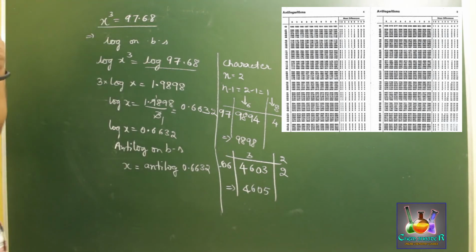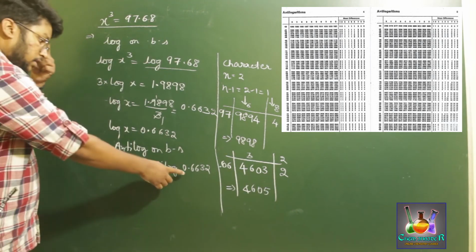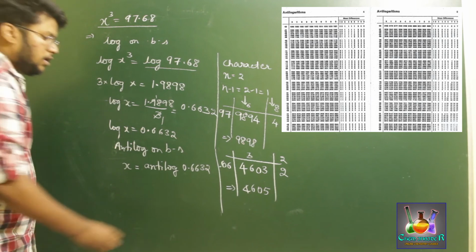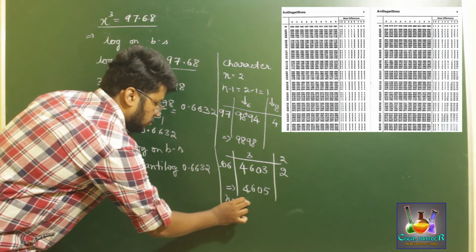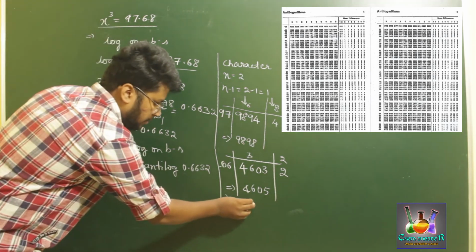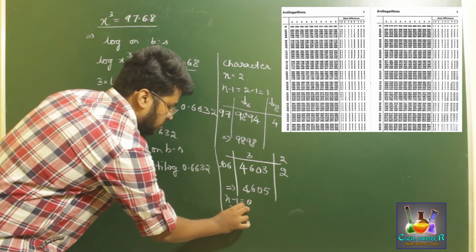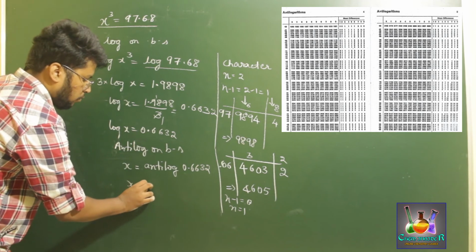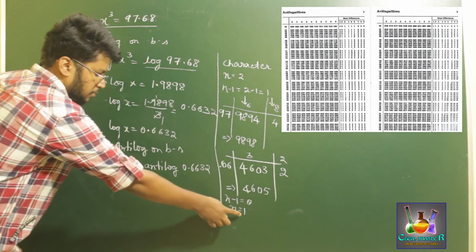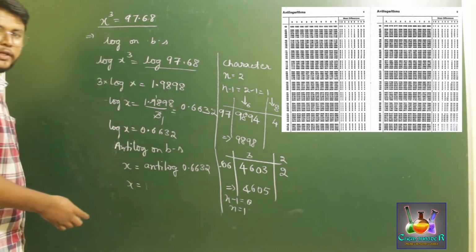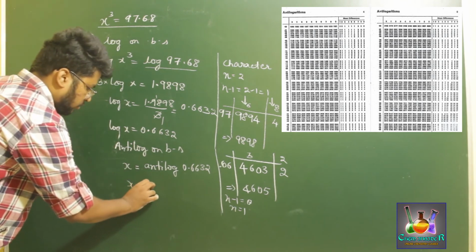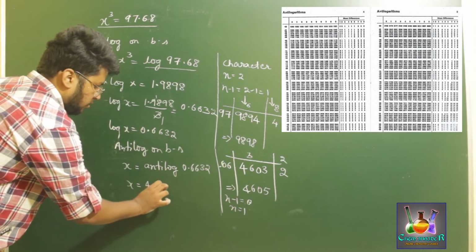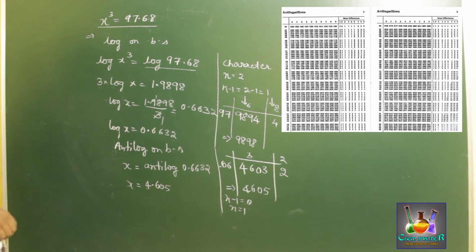Now for positioning the decimal point, we have 0 before the point, therefore n minus 1 is equal to 0, so n is equal to 1. If n is equal to 1, we need to point the decimal after 1 digit, therefore x is 4.605. So this is the value of x.